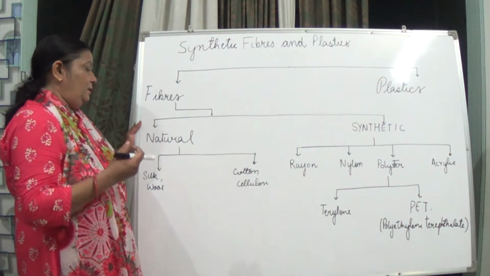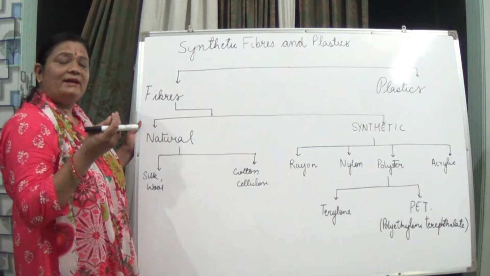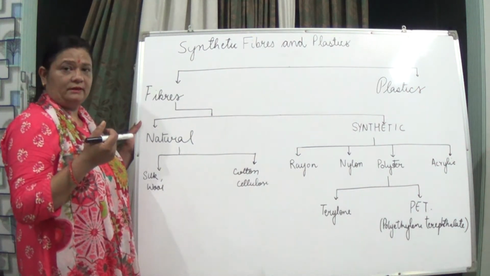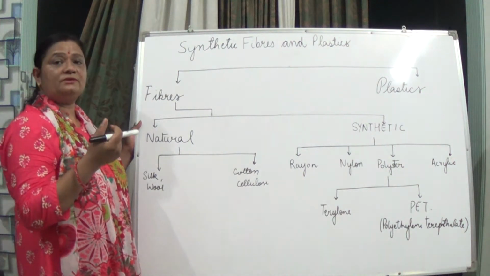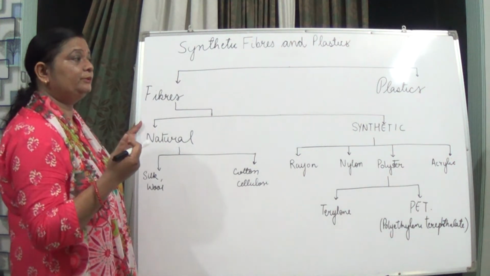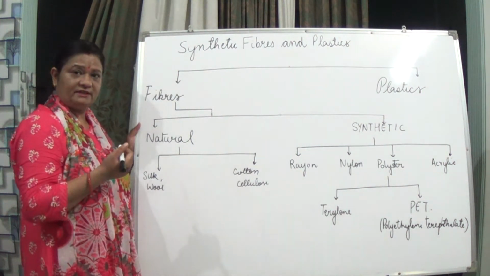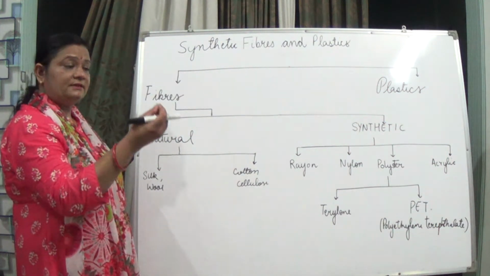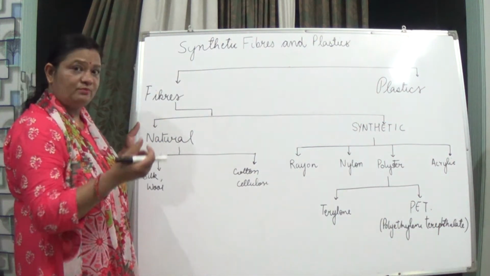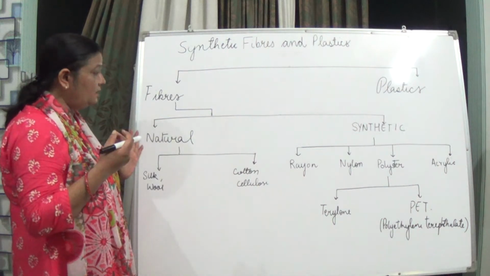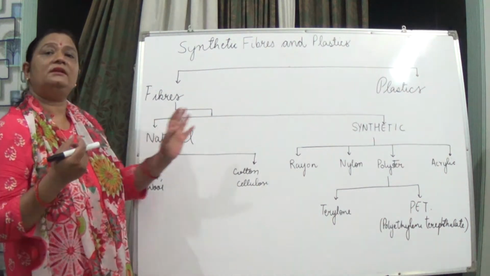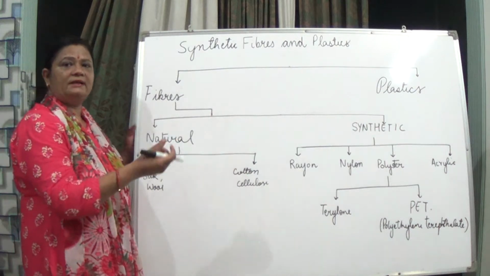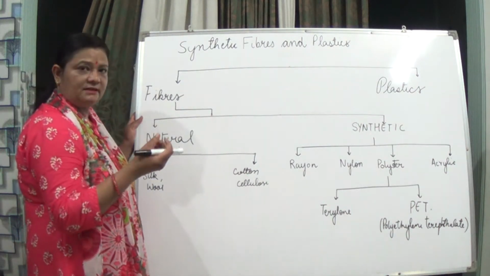By seeing it and touching it, you can feel it and you can say about that cloth. When you say, yes, I want a cloth which is made up of silk, you'll be feeling the texture, that yes, it is made up of silk, or whether it is made up of rayon. The natural fiber and the synthetic fiber, by feeling it only, you can say that this is a natural and this is a synthetic fiber.